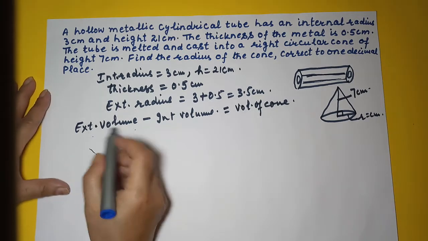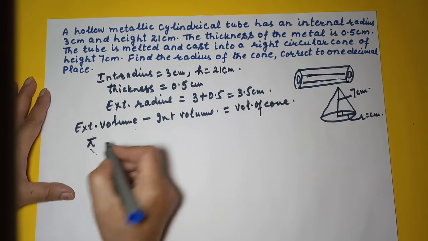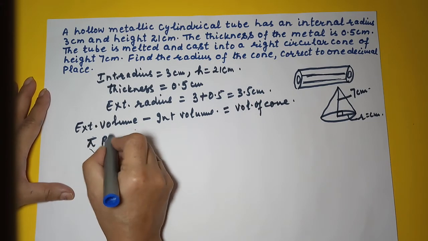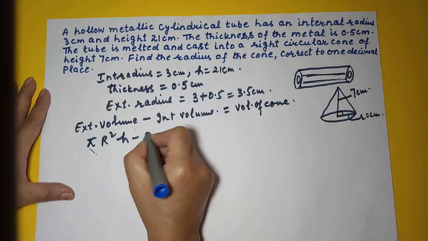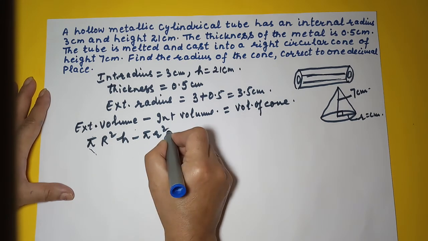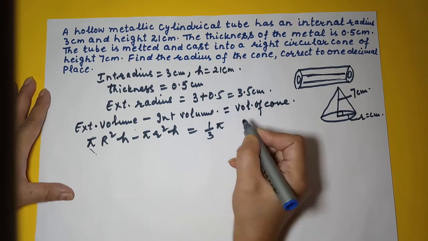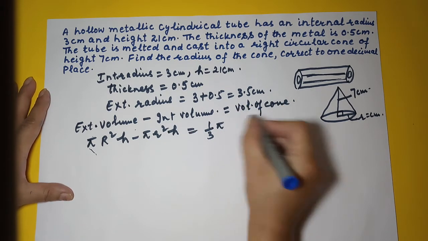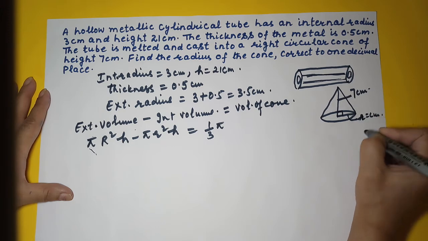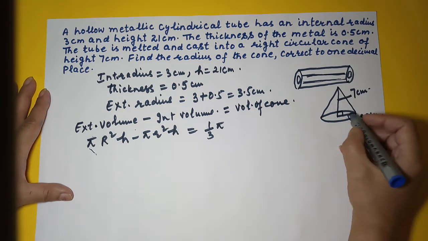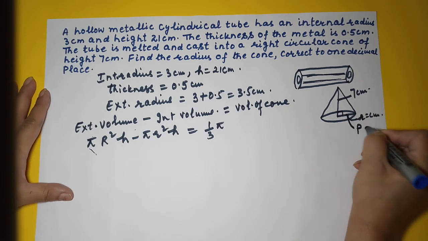So external volume is pi capital R square h minus pi small r square h, which is equal to 1 by 3 pi. Let's keep the radius here. Let's not name it r because we have already named this r here. Let's name it p here.